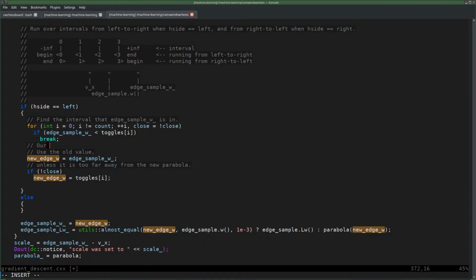You see, we do what we do, or I set it equal to edge sample, which then gives me the scale that I would have had when we didn't even have a previous symbol. The scale is a difference between the vertex x coordinate and whatever. So here.